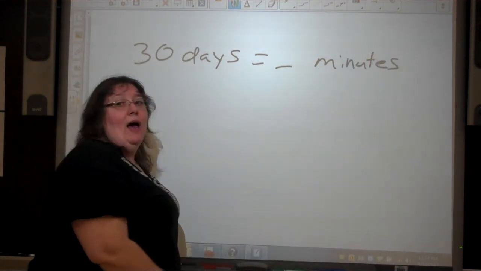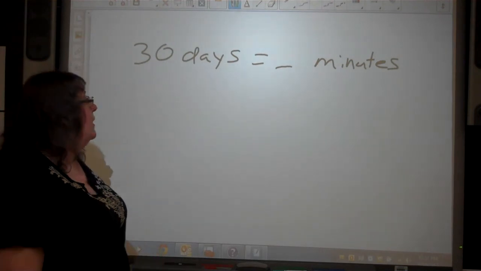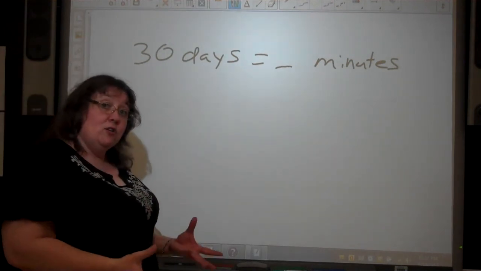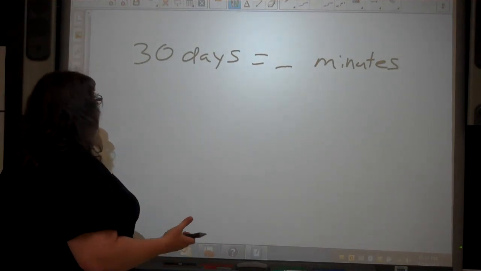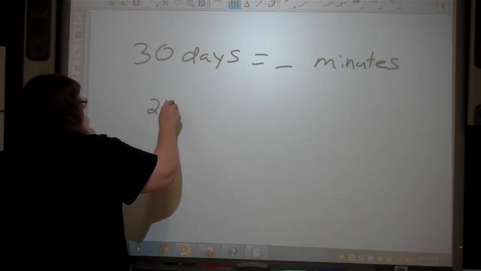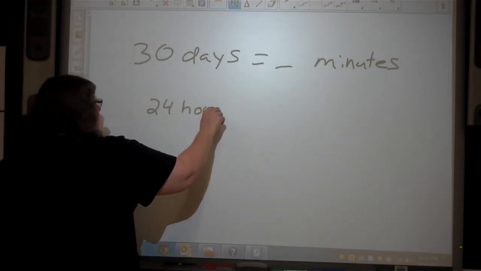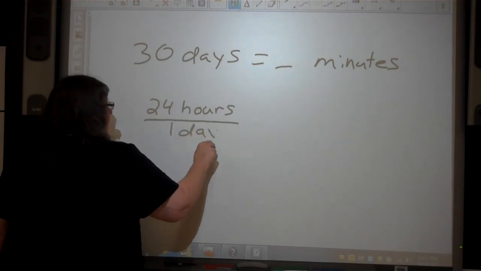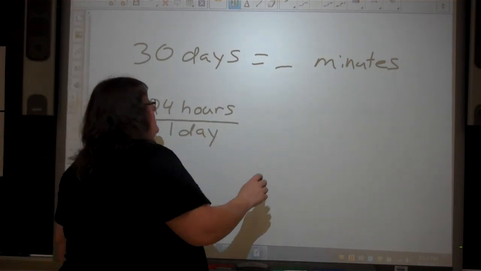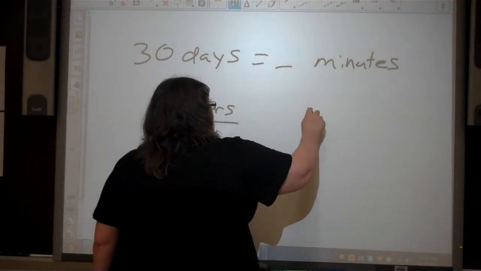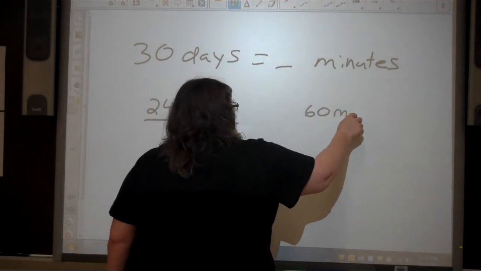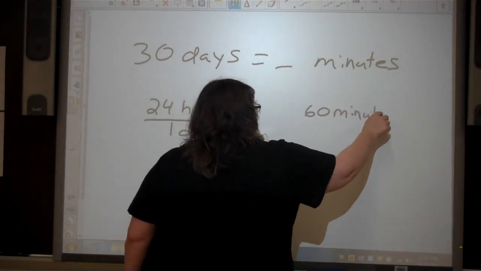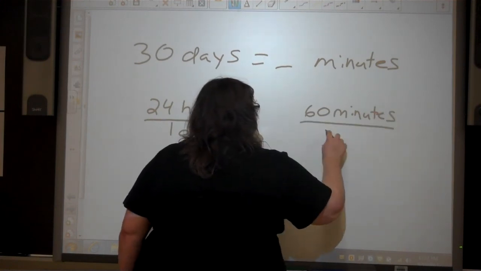Okay? So I want to know how many minutes is 30 days. Well, if I know my conversions, I can do it, right? There are 24 hours in one day. Okay? And there is 60 minutes in 1 hour.